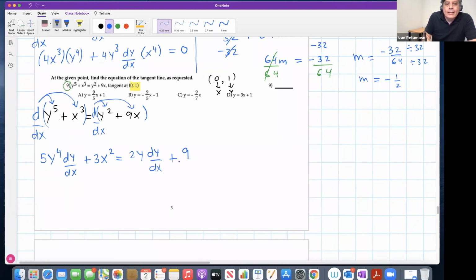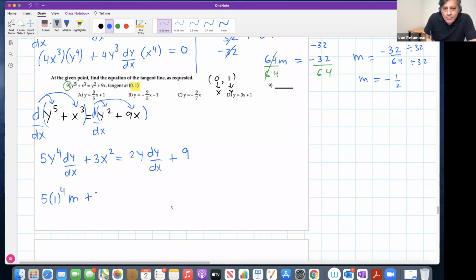Just 9. At this point, I can substitute x with 0, y with 1, right? So let's do that. 5 times y raised to the 4th power, but y is 1, 1 raised to the 4th power, dy/dx, I will substitute it, I will call it m, right?